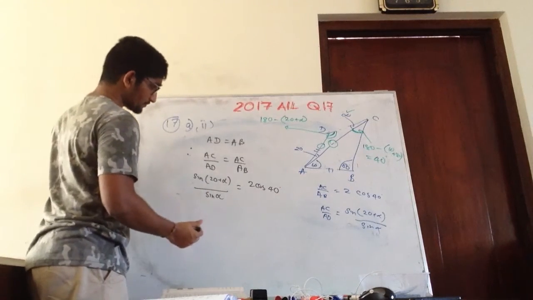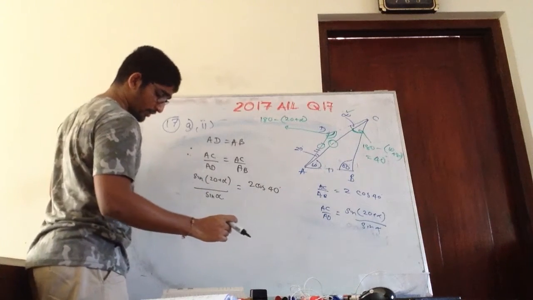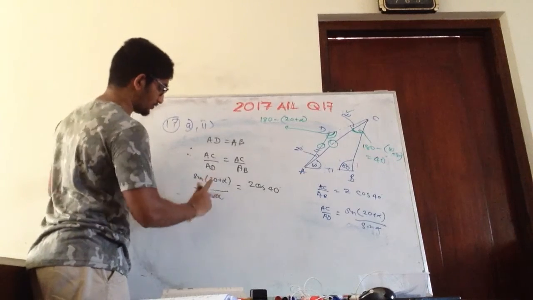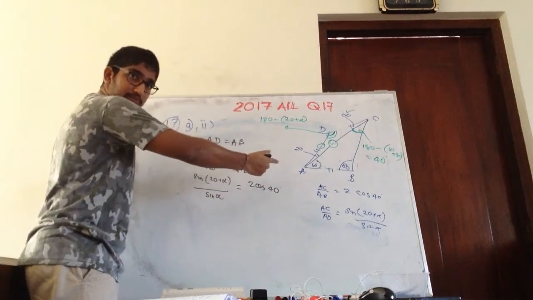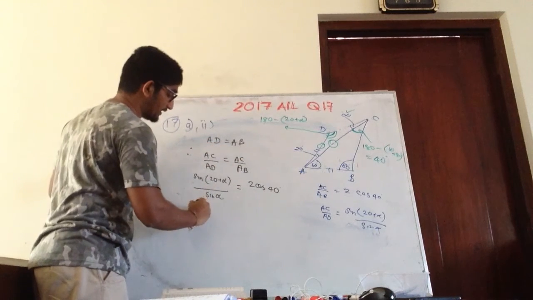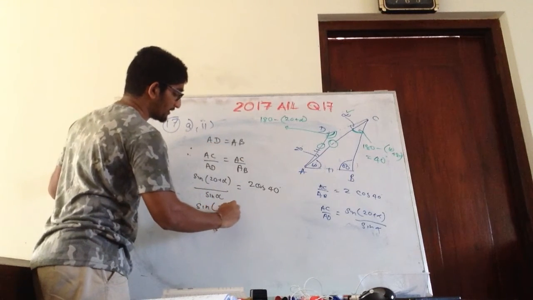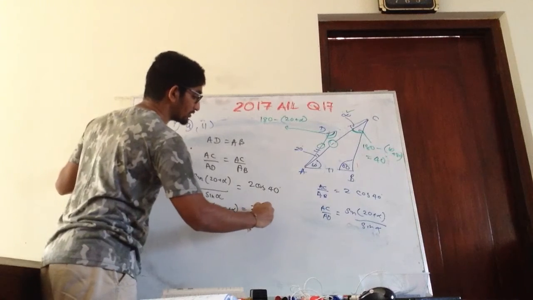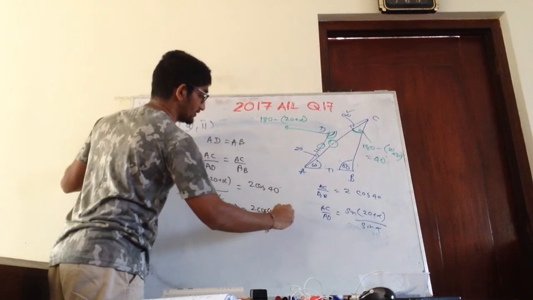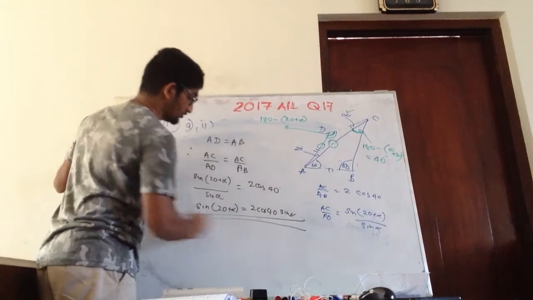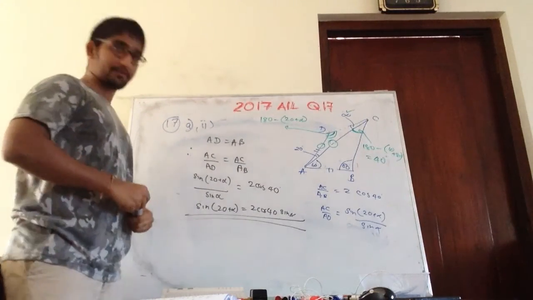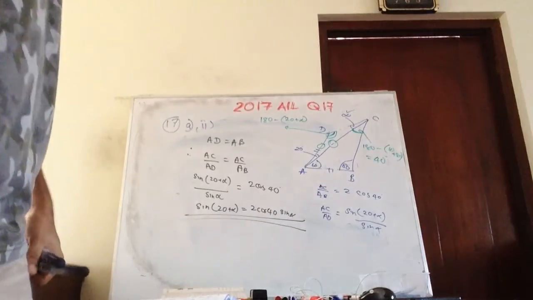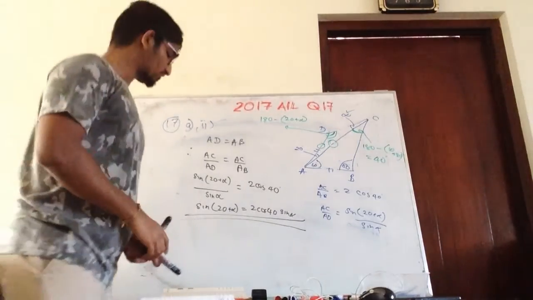Right, so now what do we need to show? So now I'm just going to cross multiply. Then I'll get sine 20 plus alpha is equal to 2 cos 40 sine alpha. So this is what they are asking. Correct? Right. So that is also done.